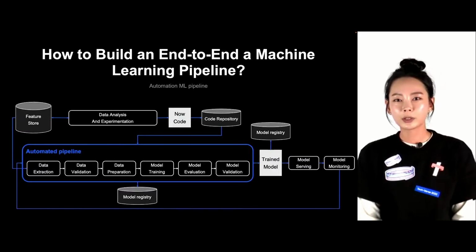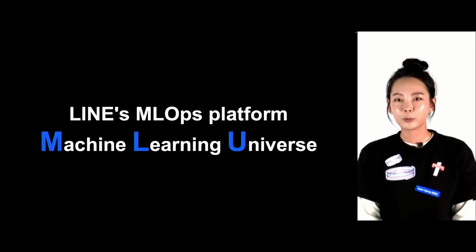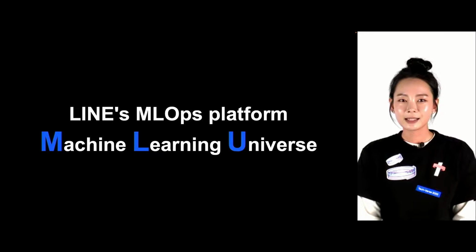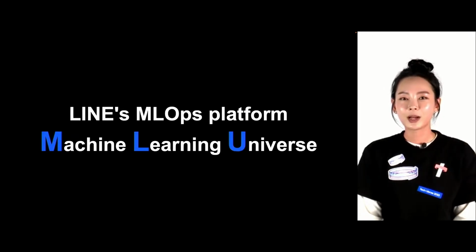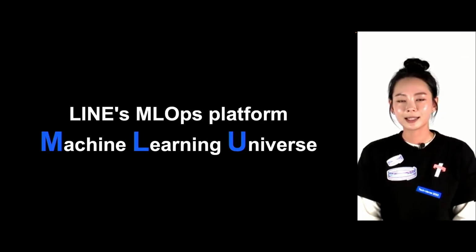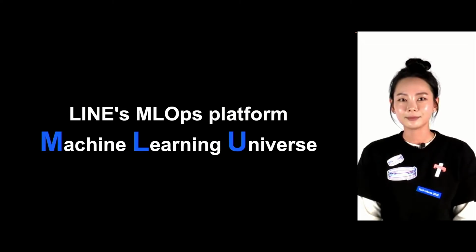So my explanation and workflow will not be sufficient to give you a clear idea. So I want to delve into the actual case where we have applied MLU, which is LINE's MLOps platform, how the pipelines were automated and how the automation process was improved.